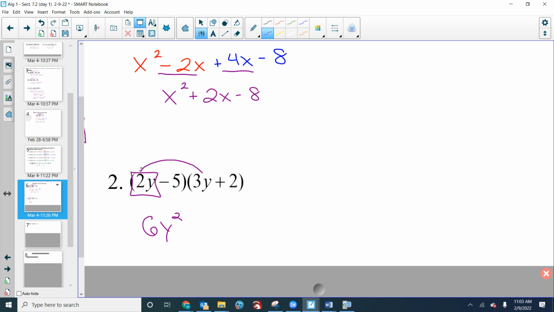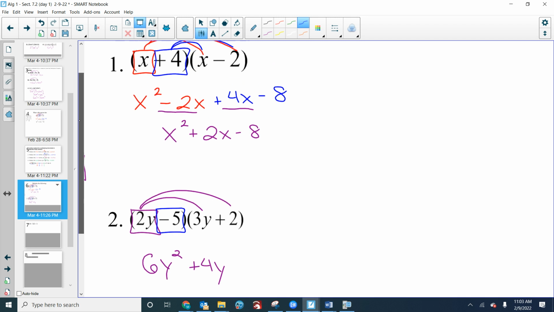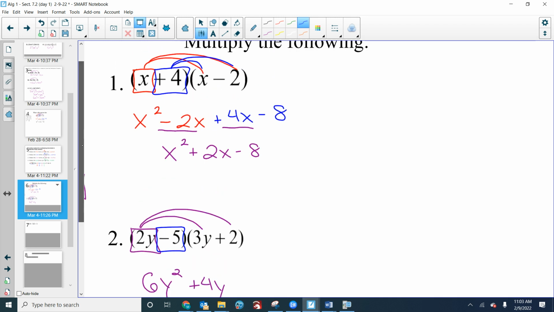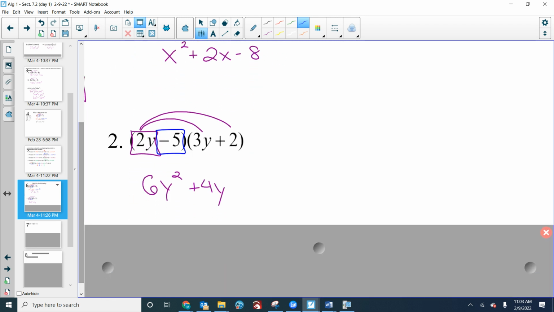Next, what's 2 times 2y? 4y. Right? Now on to the next one. Now I think my work up here got a little jumbled. Some people will do the first one above and then the second they'll distribute, just to keep it clear that you're going to both of them.